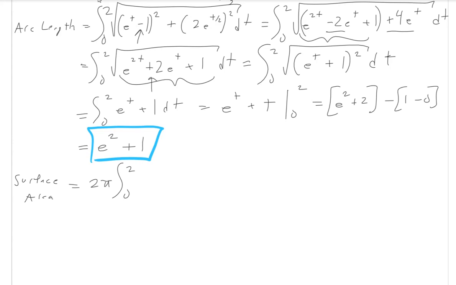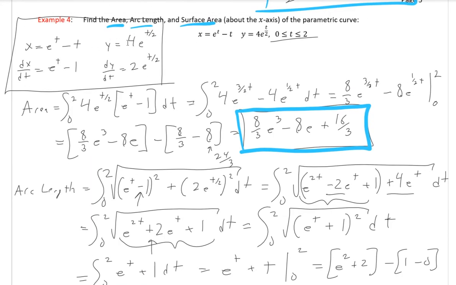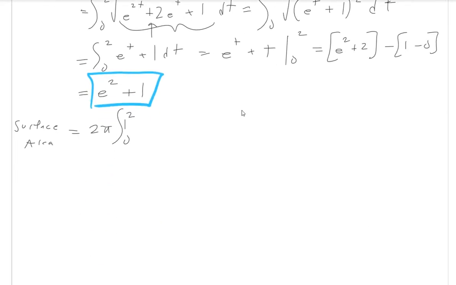We're going to have the function y, which, if we recall from above, our function y is 4e^(t/2), times the square root of (e^t - 1) quantity squared plus (2e^(t/2)) quantity squared dt.